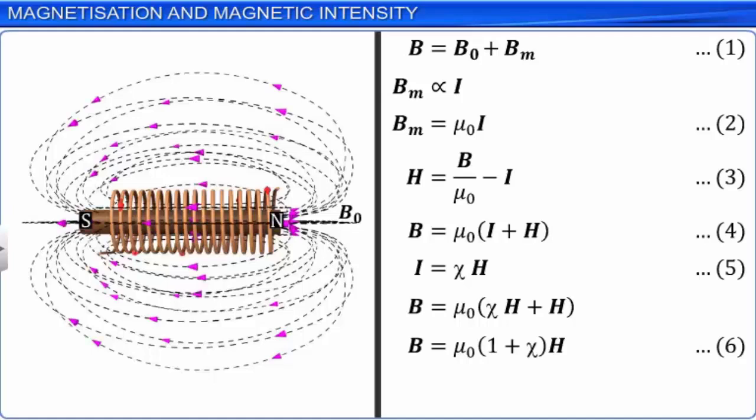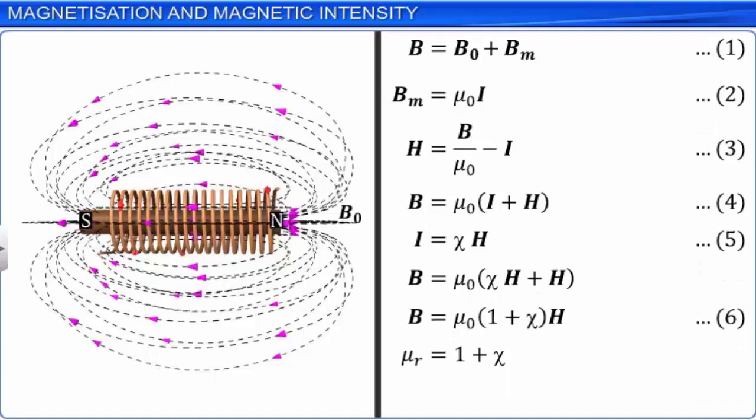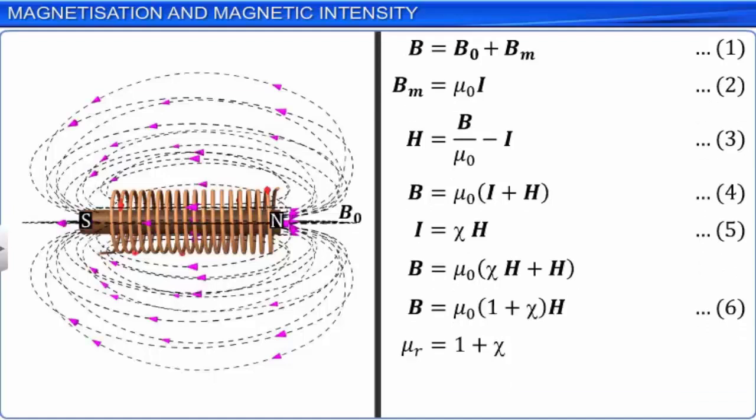We know that the relative magnetic permeability is the ratio of the magnetic permeability of the material to the magnetic permeability of vacuum. That is, mu r is equal to mu by mu naught. Then, mu is equal to mu naught into mu r.